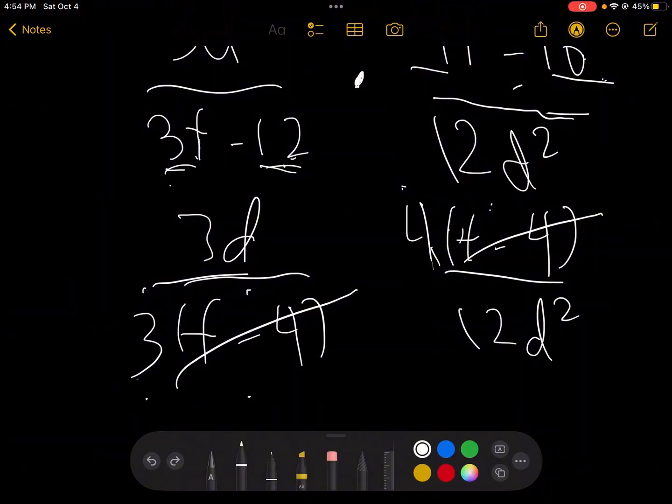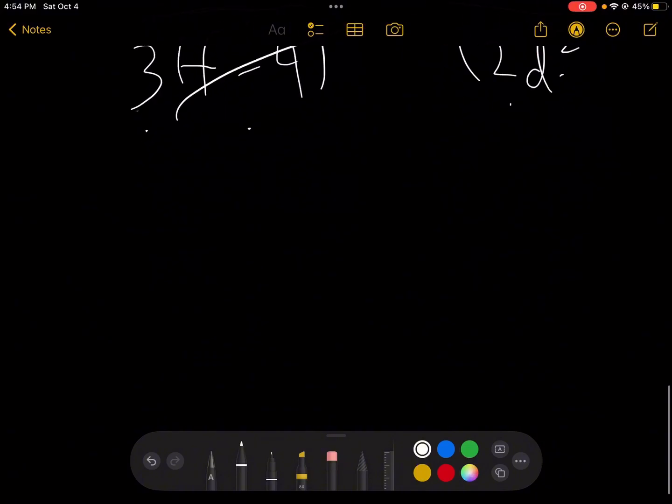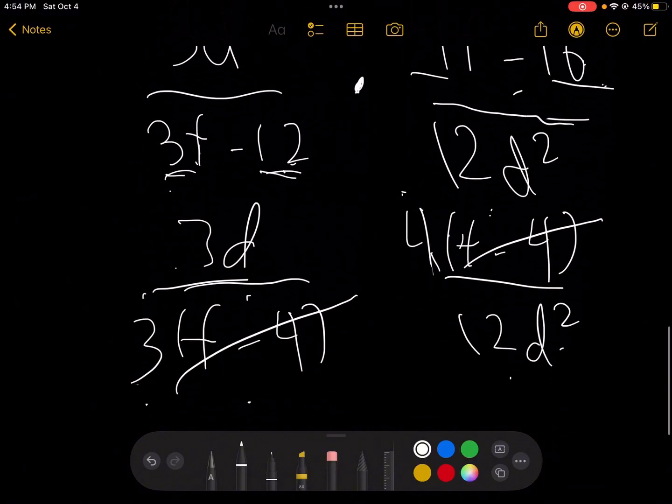Now you can cancel 12d squared and 3d. As we learned from the other equations, you have to check if they have the same variable. Yes, they do, so cancel this and this, because this one has more d's.